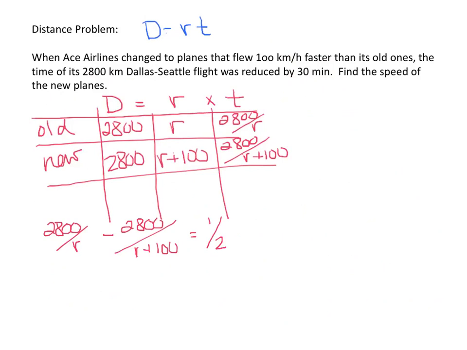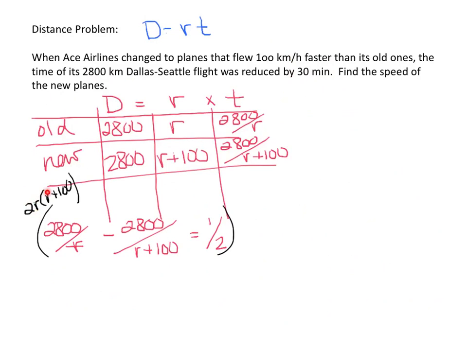My common denominator is 2r times r plus 100. So this r cancels, and I have 2r plus 200, right?